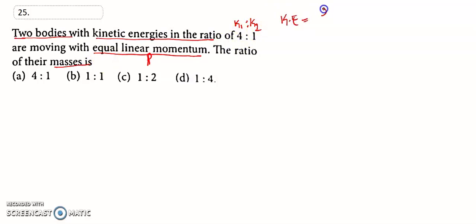Kinetic energy is equal to P square divided by 2m. So P square is equal to kinetic energy into 2m. So this is the relation. That means it is directly proportional. Linear momentum is the same, which means you have to write it for the two kinetic energies.